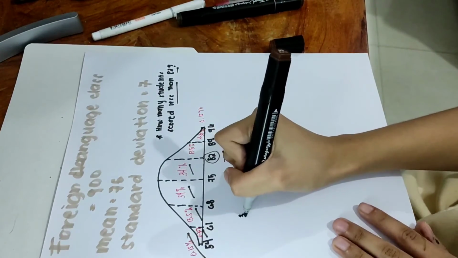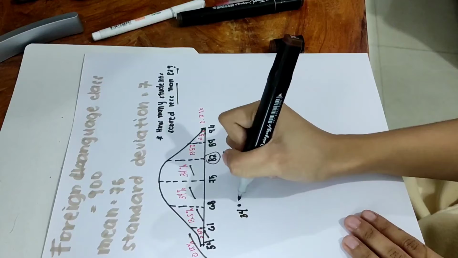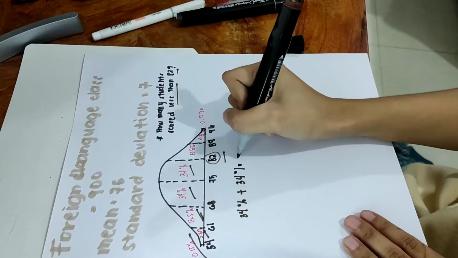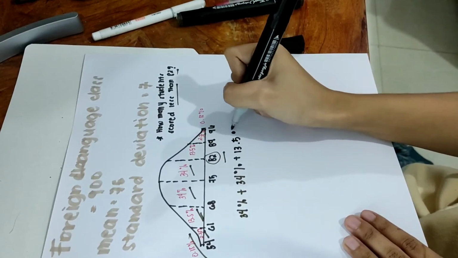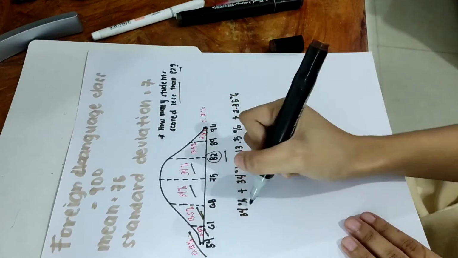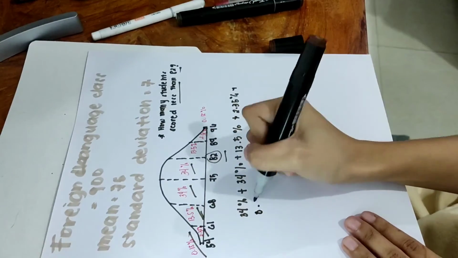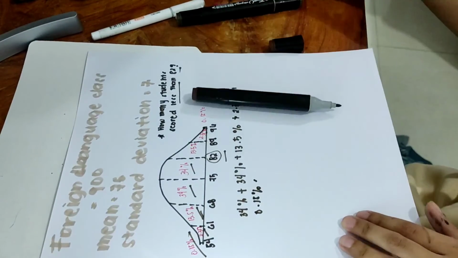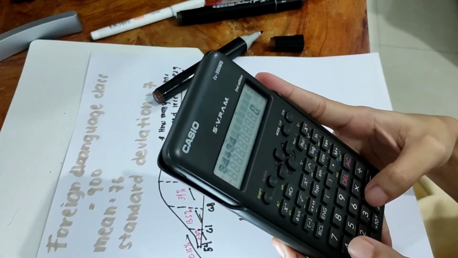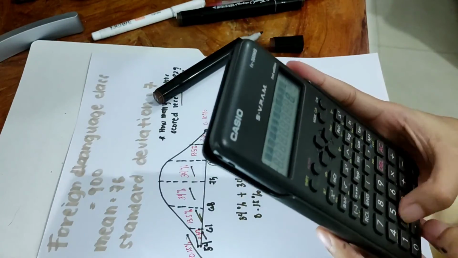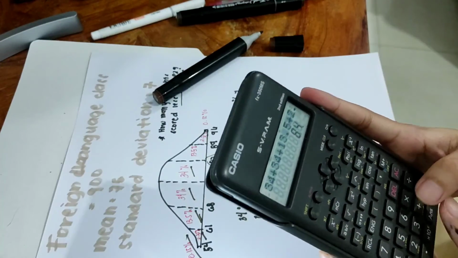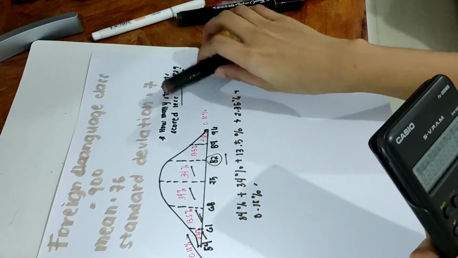So, 34% plus 34% plus 13.5% plus 2.35%, ibaba na lang natin, plus 0.15%. This is the total. Sabay-sabay nating hanapin ang total. 34 plus 34 plus 13.5 plus 2.35 plus 0.15. You'll get 84%. Tama, 84%.